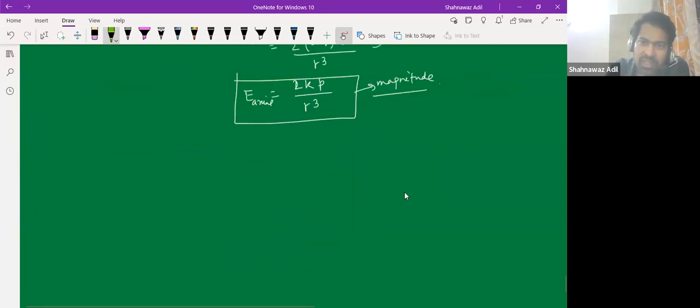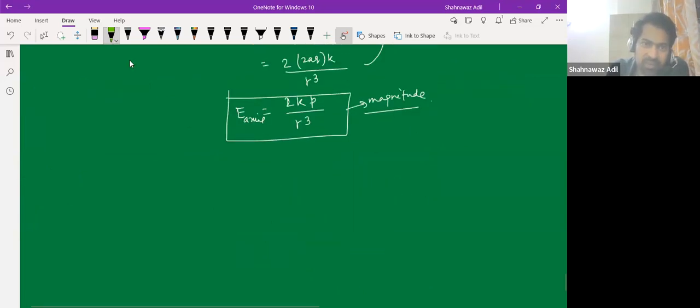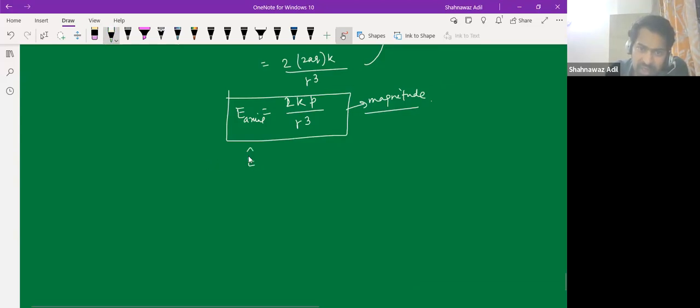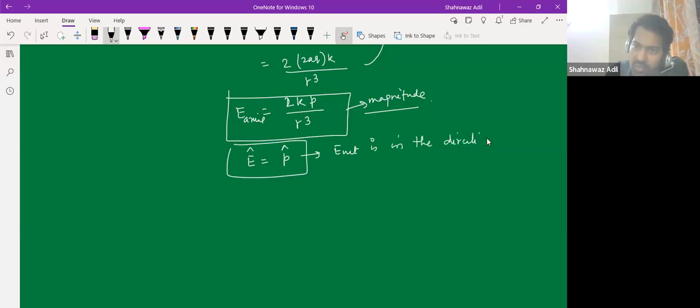So if I write it in vector form, E hat direction is in the direction of P hat, right? E net is in the direction of the dipole moment. So then E axial vector would be how much?